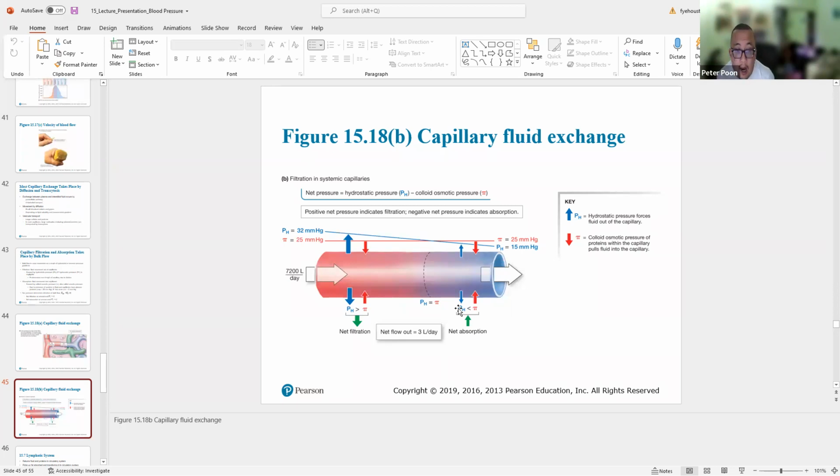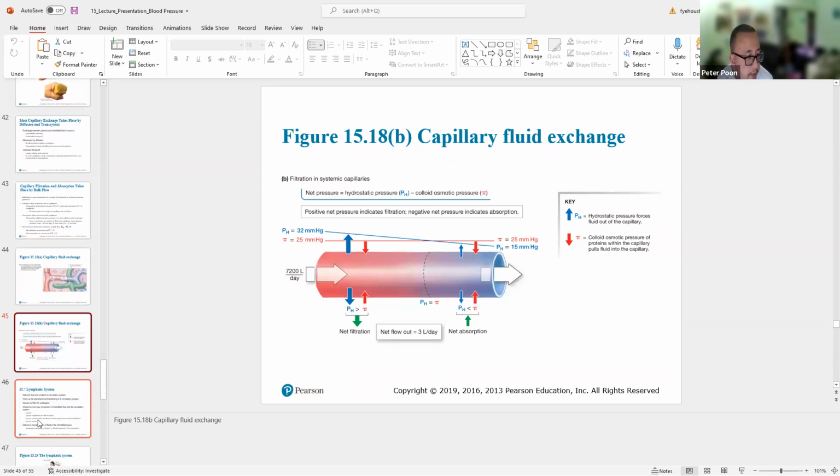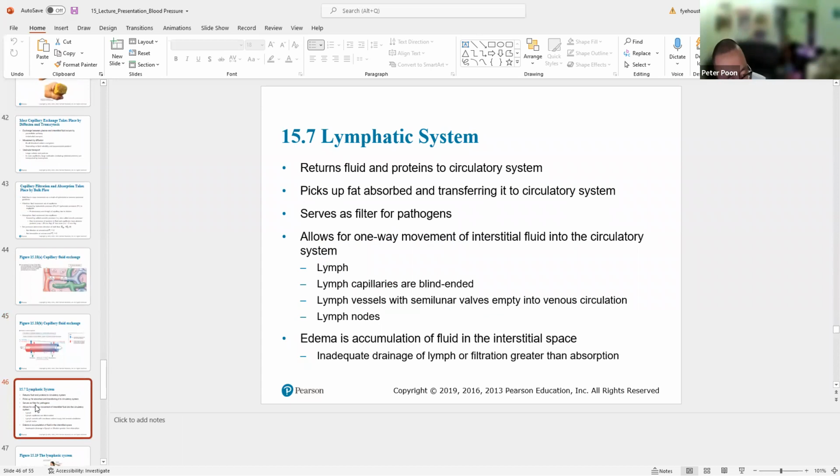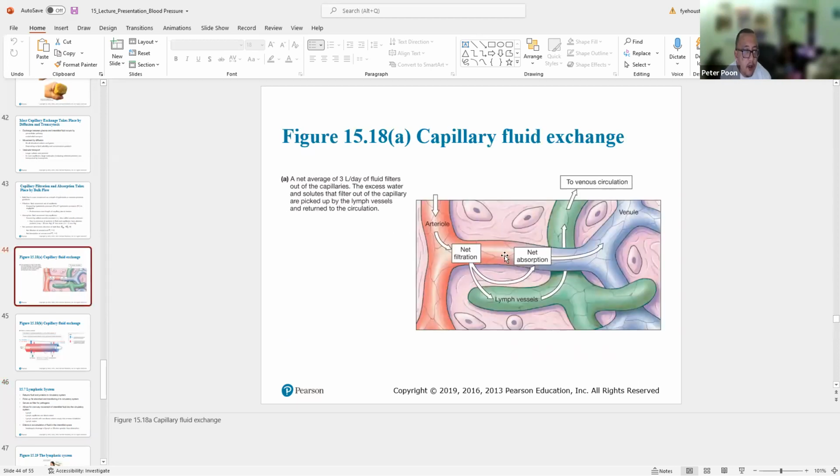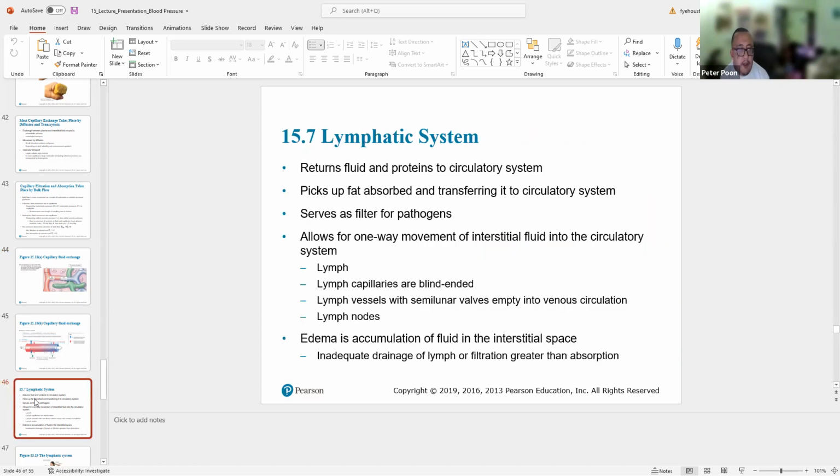Obviously, this is going to be a problem. So if fluid leaks out, it better have a way of going back in. And that is why we have a lymphatic system. The lymphatic system collects the leftover fluid, and it drains it back into the blood supply.